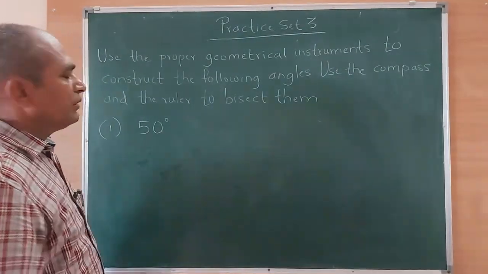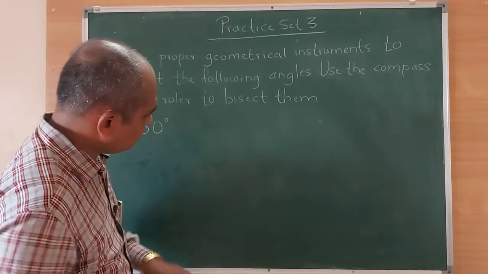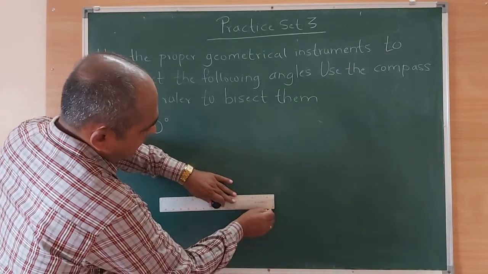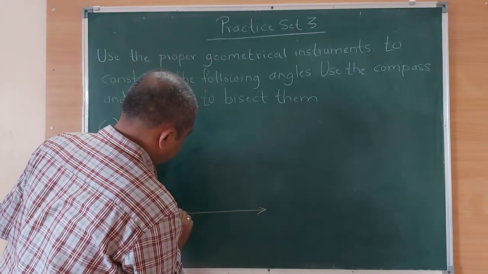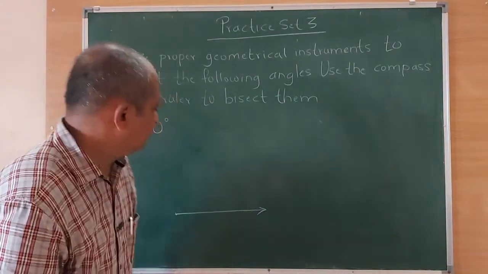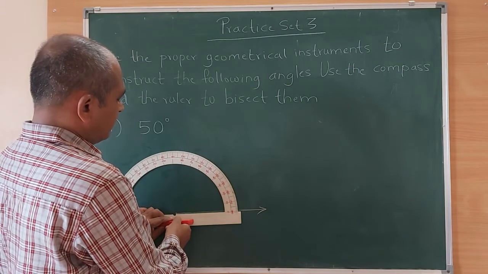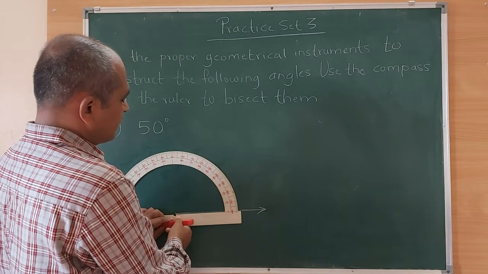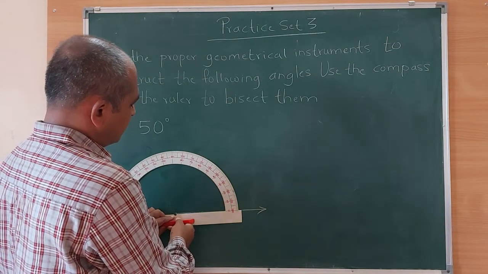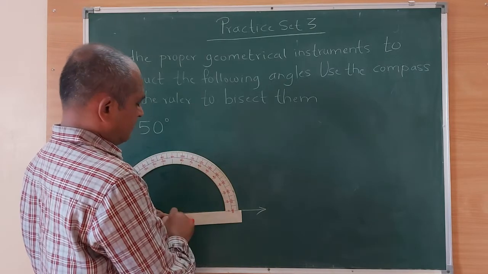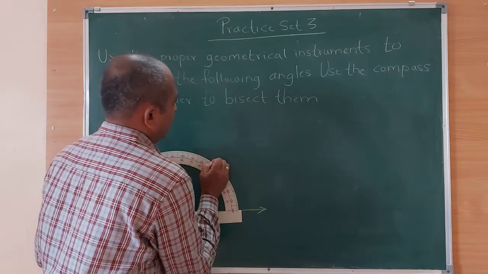You know that to draw an angle of given measure we have to use a protractor. So first I will draw one arm of the angle. By keeping the baseline and the center of the protractor here, I will mark the point 50 degree here.